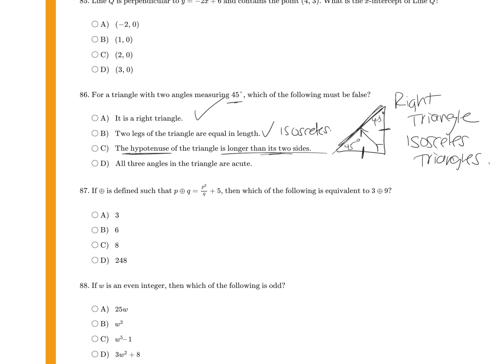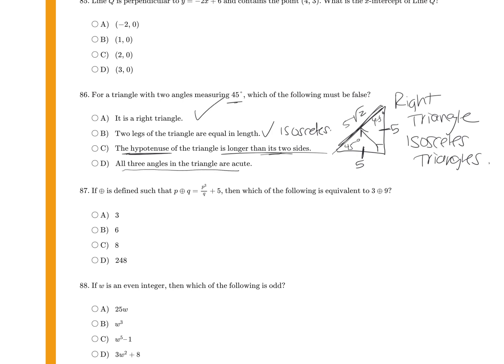If you go back to your formula sheet, it shows that on a 45, 45, 90 triangle, if the sides are the same, let's say 5 and 5, the longest side, the hypotenuse, is going to be 5 square root of 2. So it's a little bit longer, and that's true.